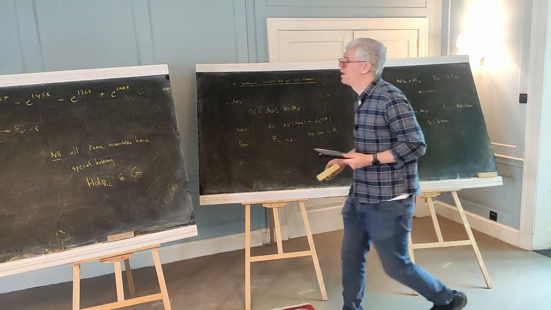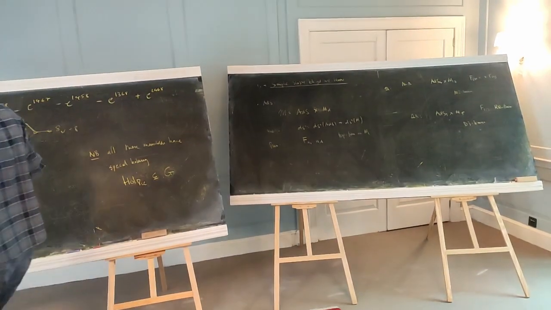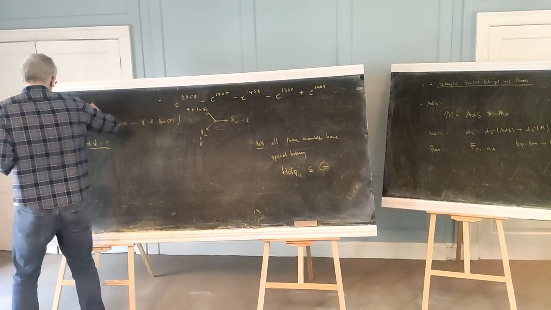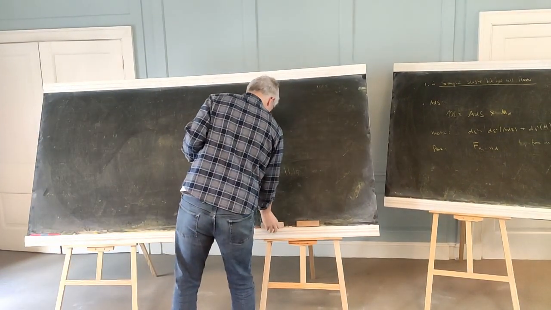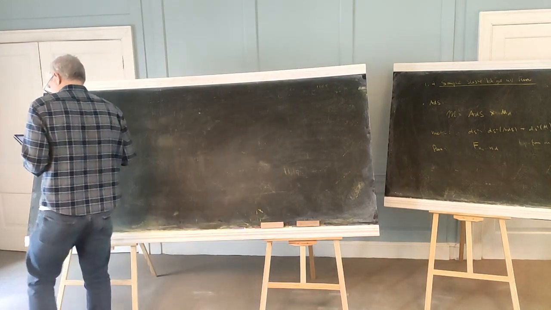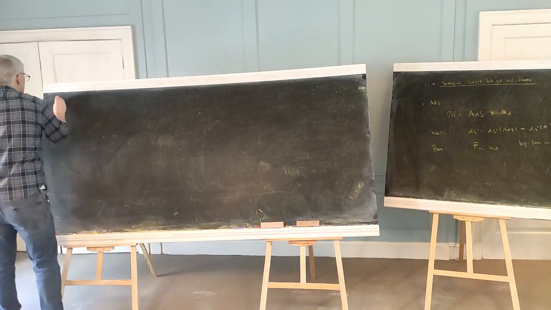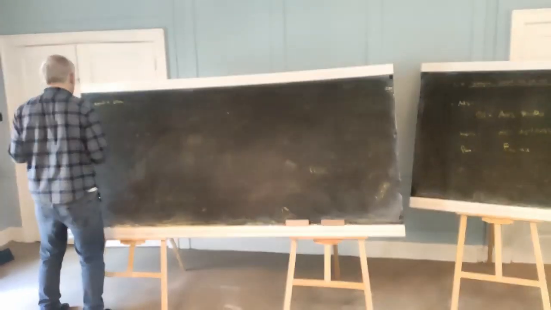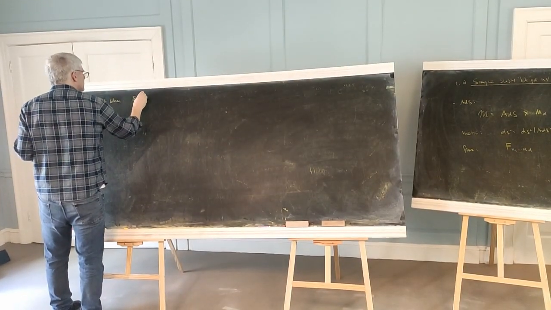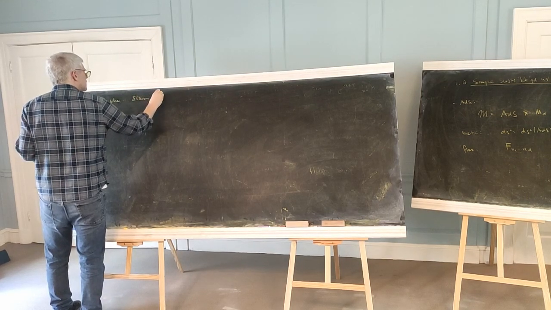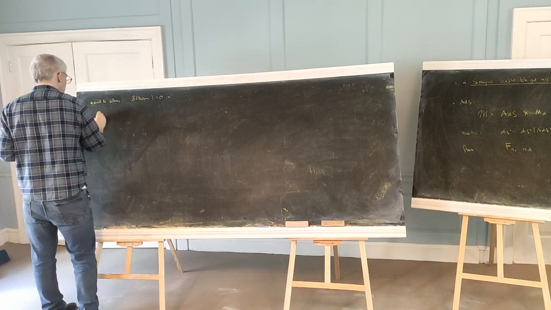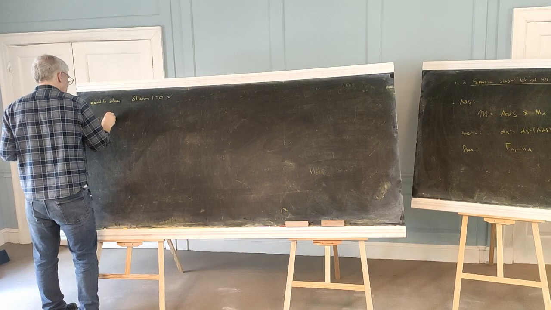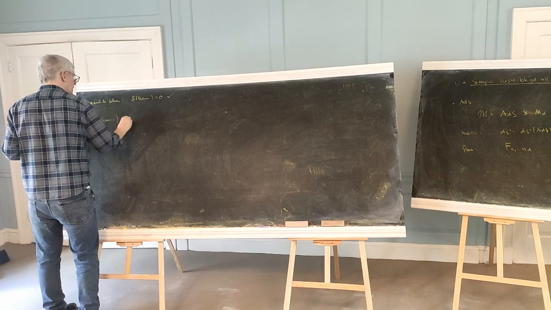So what's going to change? So what do we need to solve? So as usual, we need to solve. So again, the variation of the bosons is 0. We've already got that. For the fermions, well, what do we get?